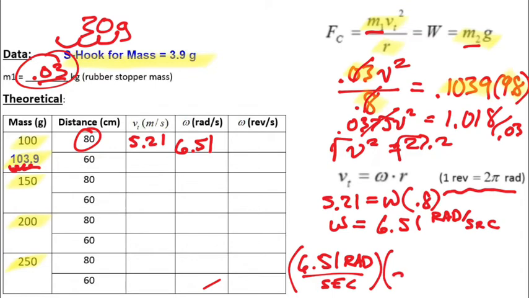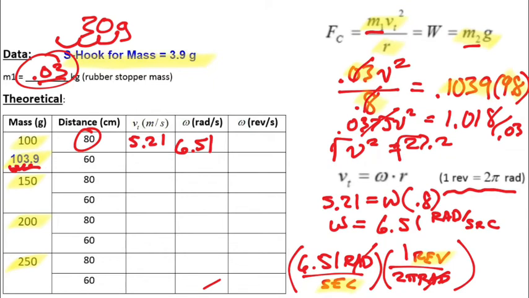We want to get rid of the radians, so we're going to put the 2 pi radians on the bottom and the 1 revolution on top. So really, radians cancels radians, and all I'm going to have left are revolutions per second. So how many times is this thing going to spin around every 1 second? Once, twice, 2.5 times, I don't know.